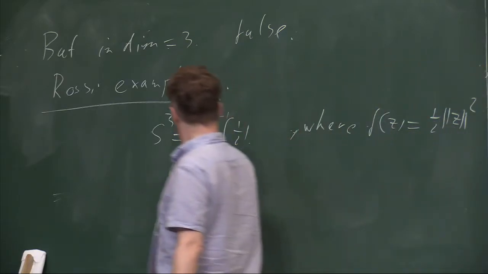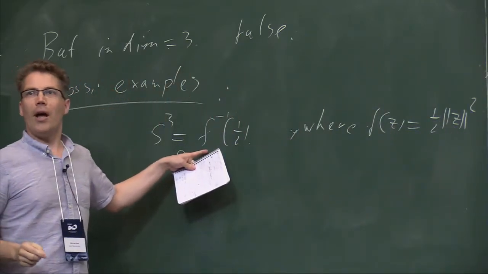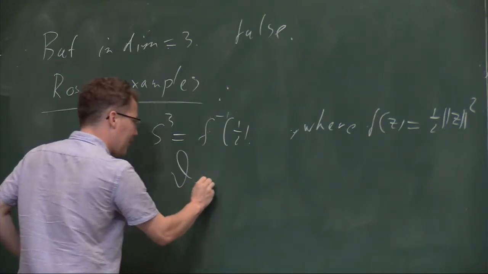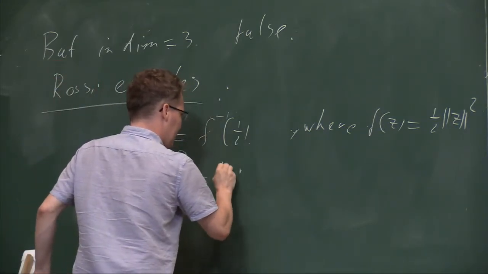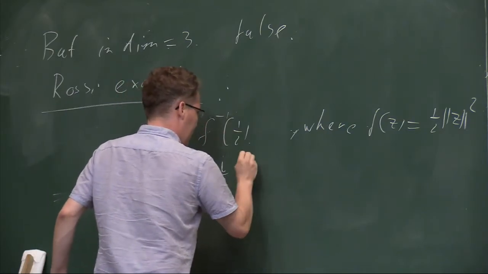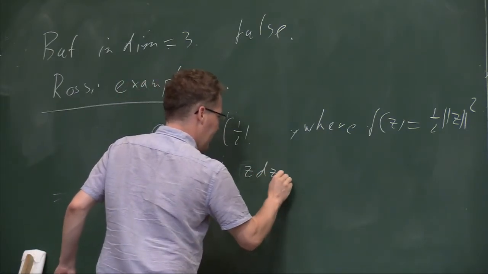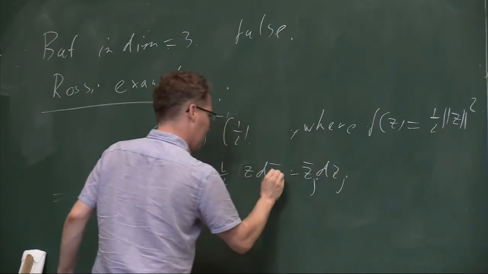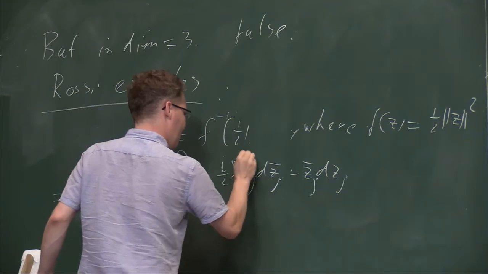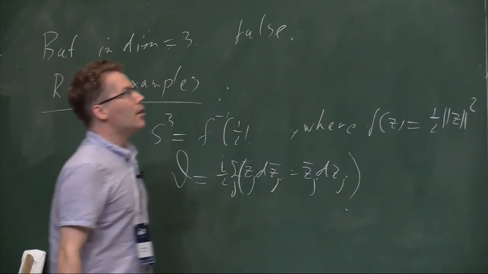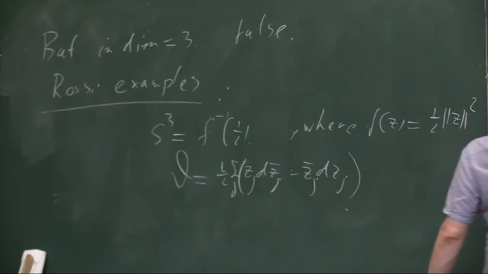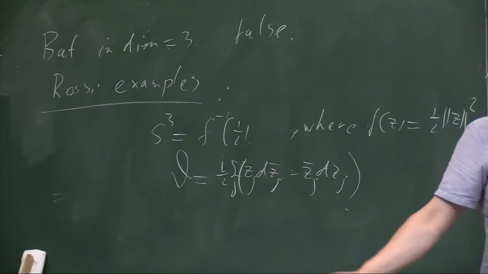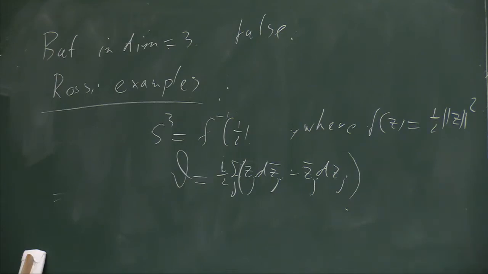Let's say f is this strictly plurisubharmonic function, but we can just write it down in a formula. It's i over 2, then z dz bar minus z bar dz, and then probably I should put some coordinates. But for S^3 we have a global trivialization of the contact structure using quaternions. So let's use this.